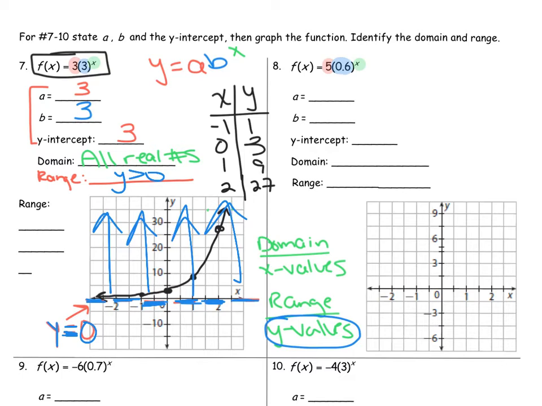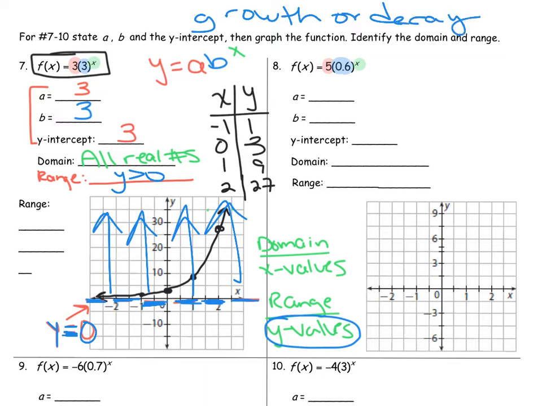Now I want to take a look at question 8. Again, just to recap on question 7, this is an exponential function. And now I do want to actually introduce a new piece here that I didn't talk about yet. You probably heard me mention before, exponential functions are either a growth or a decay.